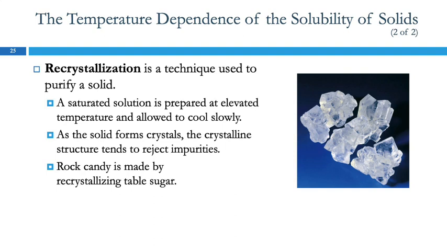And so it has time for that crystalline structure to reject impurities. Because like if you have table salt, it wants sodium, chloride, it wants this perfect pattern. And so if you get something like potassium in there or anything else that doesn't belong, that's going to tend to dissolve off again and get replaced. And so by recrystallizing, you can purify a substance, a solid, and you can also grow some really beautiful crystals.